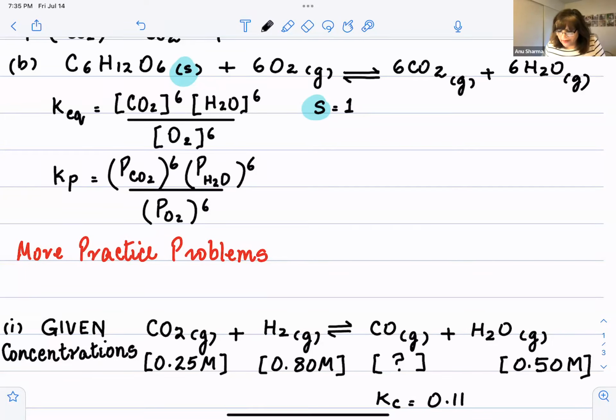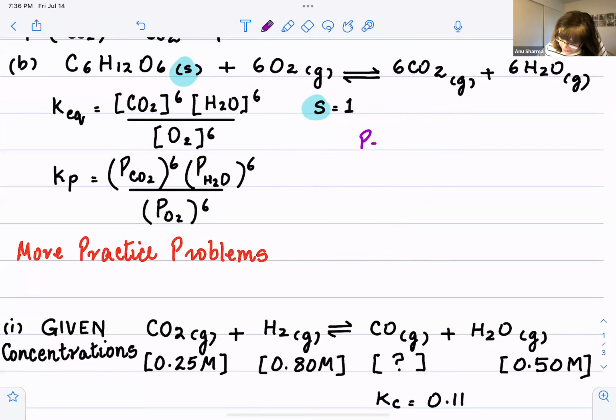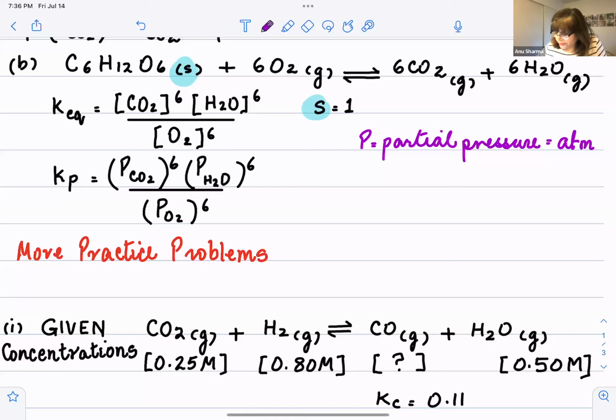Okay, so whatever values these are, either the partial pressures will be given to you, or the values of the concentration and molarity will be given to you. So remember, partial pressure P is the pressure of the gases, and the value is generally in atm or millimeters of mercury.